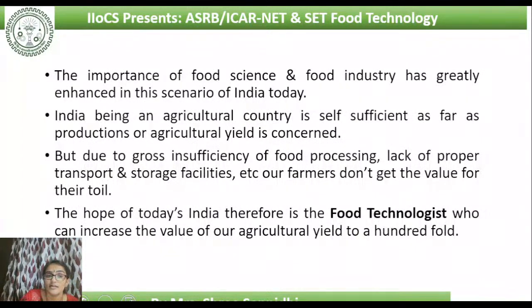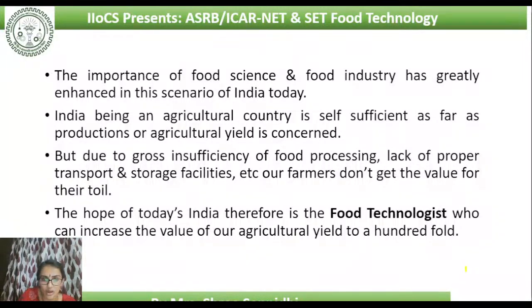That is why it is important for the food science and food industry to greatly enhance the technology in this scenario of India today. India, being an agricultural country, is self-sufficient as far as production and agricultural yield is concerned.